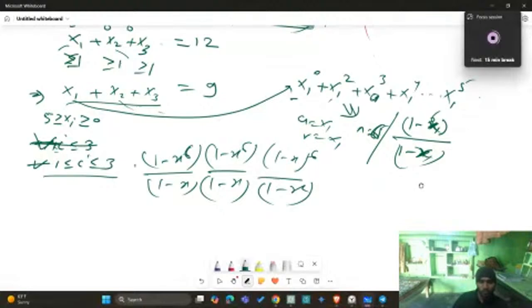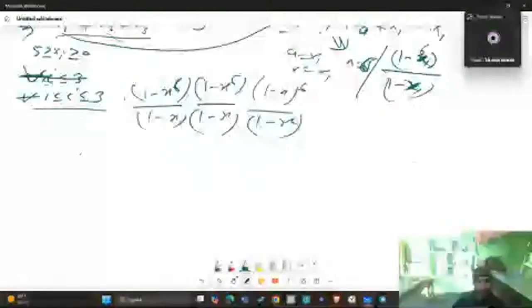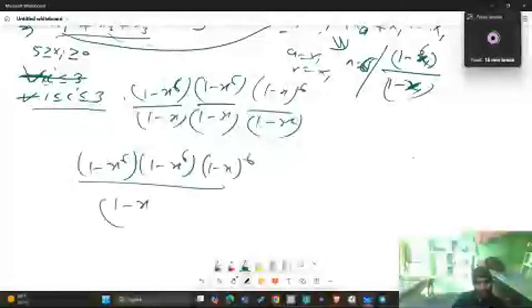To solve this, we take (1 minus x to power 6) cubed upon (1 minus x) to power 3.